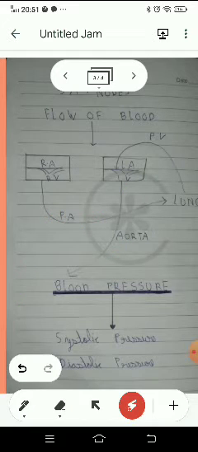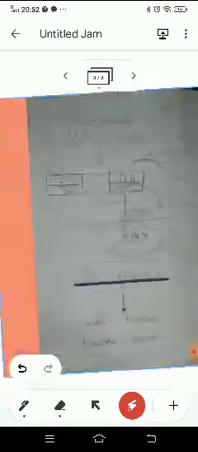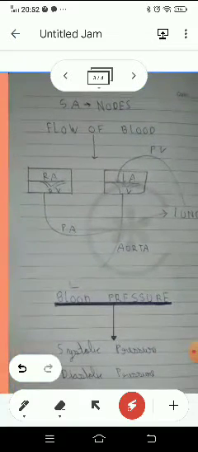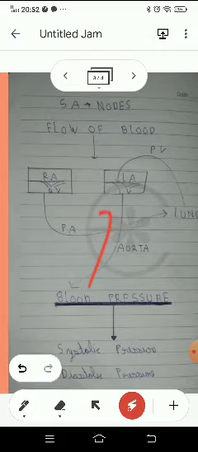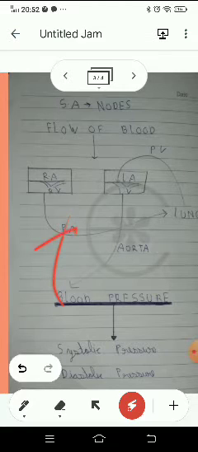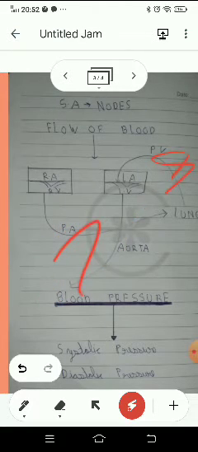So this contraction and relaxation of arteries with each heartbeat is felt as throbbing. This is known as pulse. Your pulse is basically the rate at which your heart beats. You can feel it at the wrist, near the base of the thumb, or at the side of the neck. It is about 70 to 75 times per minute.